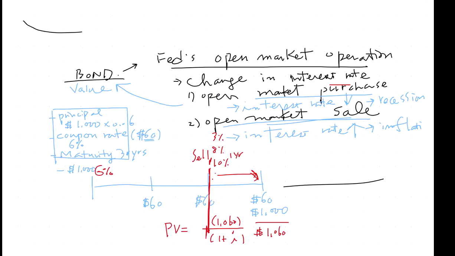So first problem: what is the bond value if the market interest becomes 3%? 6 became 3 means interest went down, right? So the Federal Reserve saw recession and high unemployment, so they did open market purchase. They bought treasury bonds from banks, so they pump more money into the banking system.